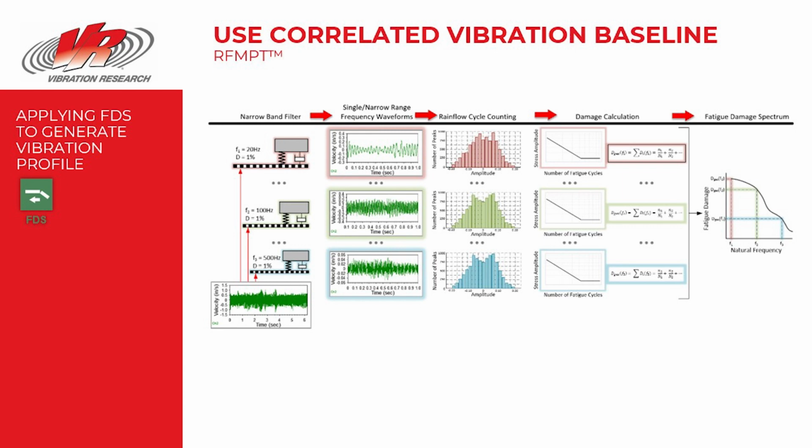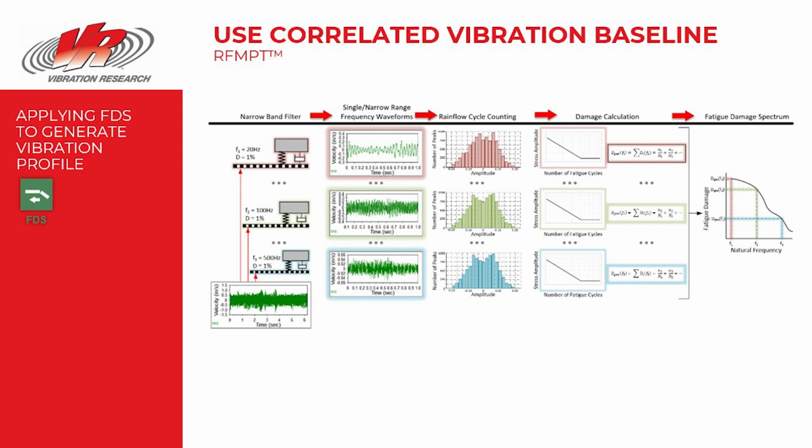A correlated baseline vibration profile can be easily made using the fatigue damage spectrum package in vibration research software. Using measured accelerated data from your application or a surrogate application, or from somewhere else that you may be able to find such data, the acceleration data is first converted to velocity, as velocity can be related to fatigue.